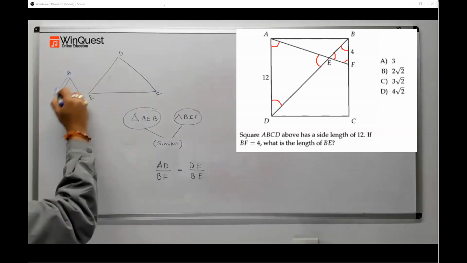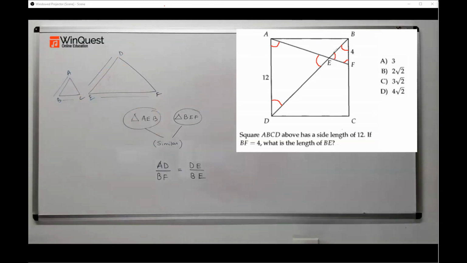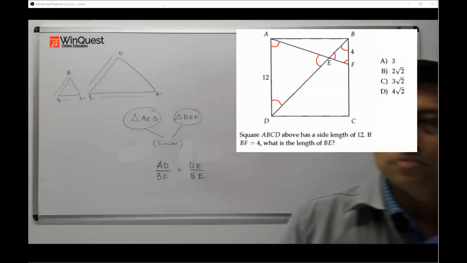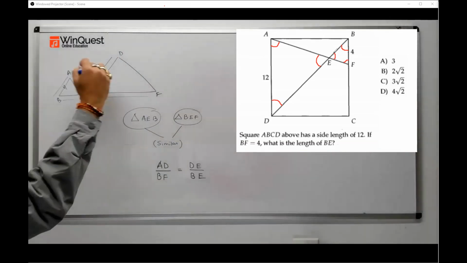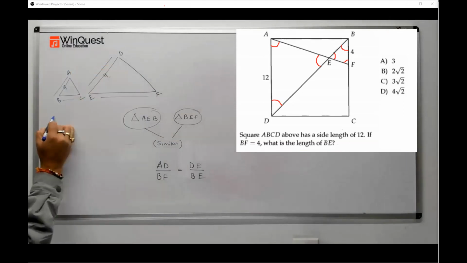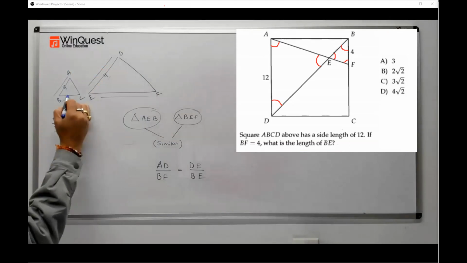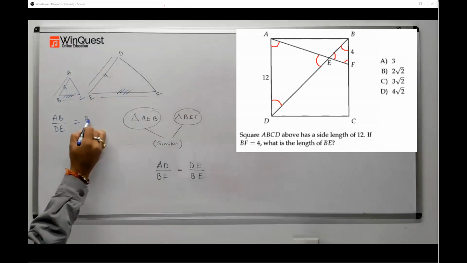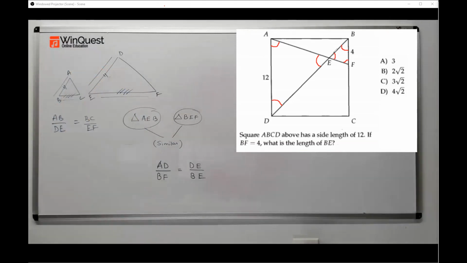Do we say that AB by DE is equals to BC by EF? Do we say like that? We can say AB by DE is equals to BC by EF, if they are similar triangles.